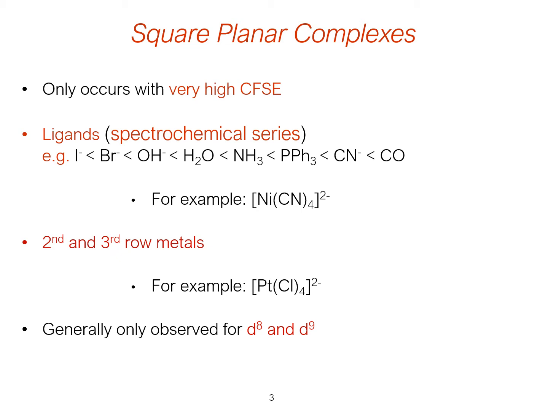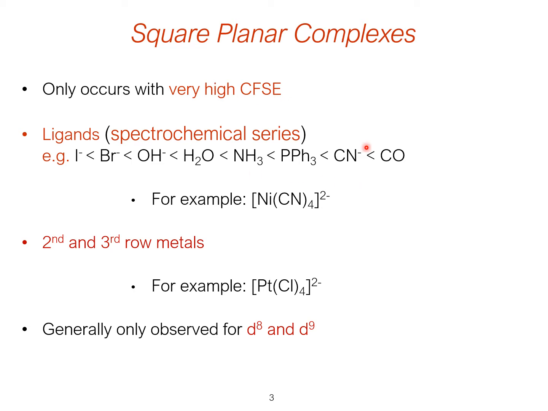This is because the crystal field stabilization energy has to make up for the loss of electrostatic forces from those two z ligands being taken away. So we need a high value of crystal field stabilization energy. Things that contribute to a high delta O will help contribute to a higher crystal field stabilization energy.